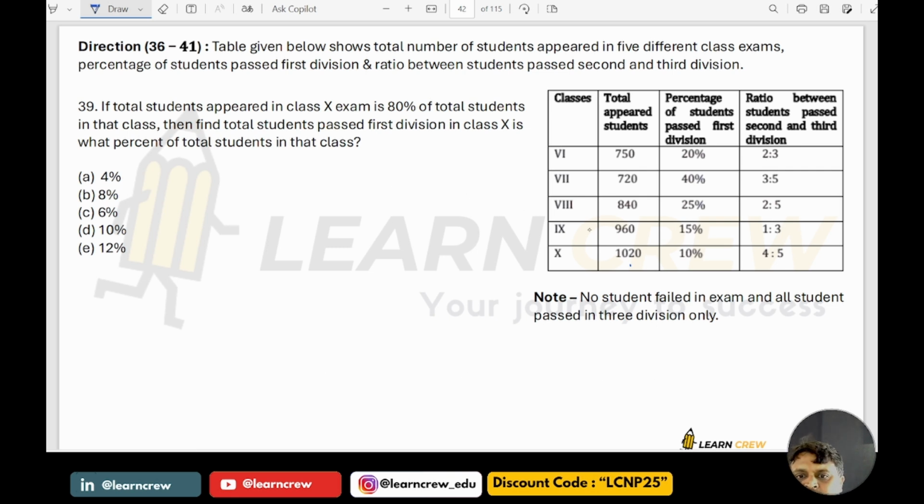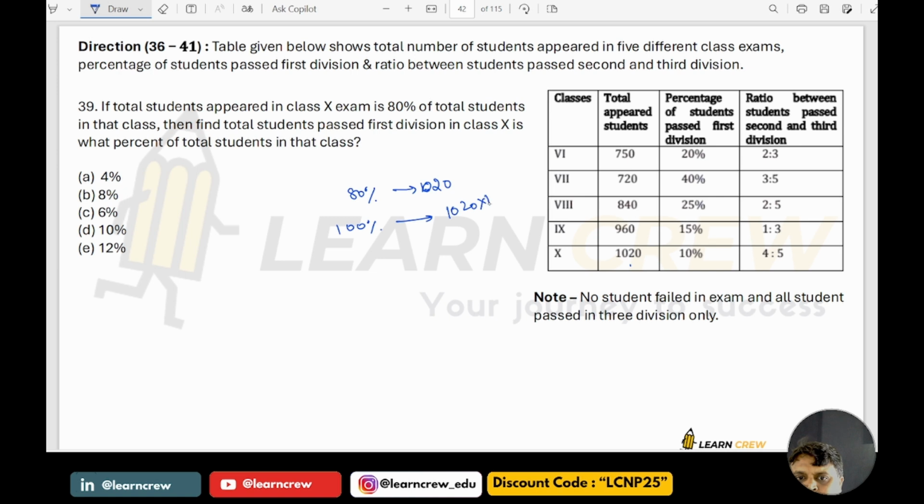If you see here, if 80 percentage is 1020, then 100 percentage would be how much? 4 into 4 parts. 4 into 127.5. Am I correct? 4 into how much? 425.